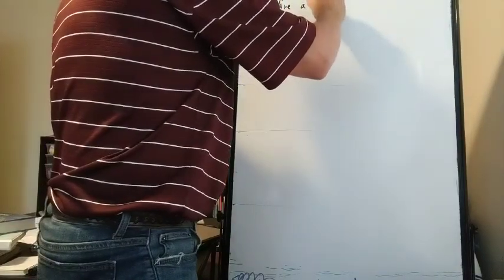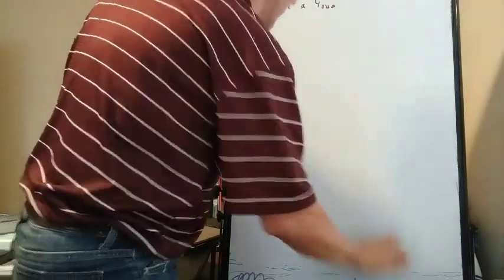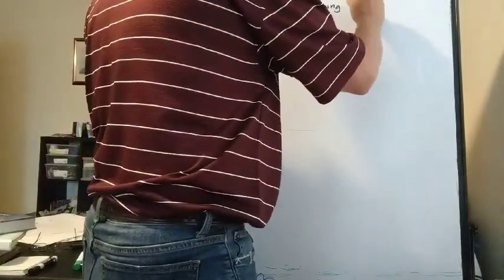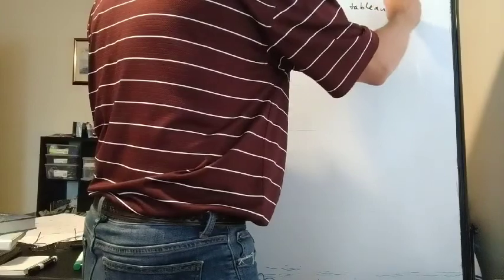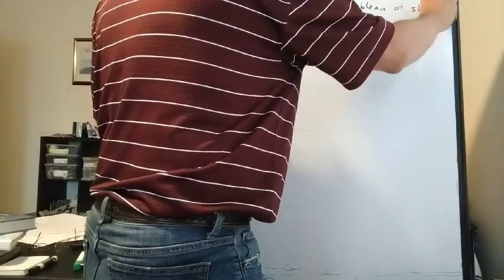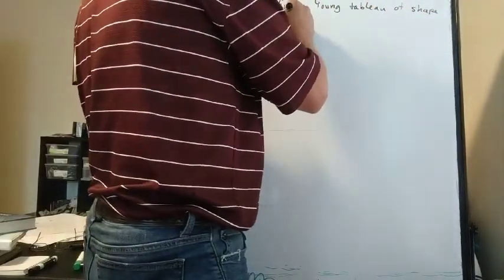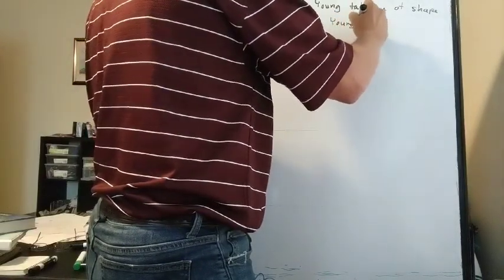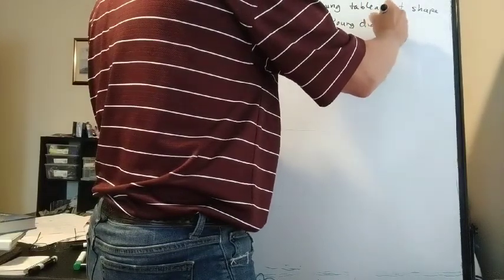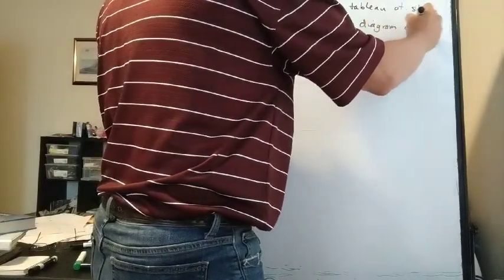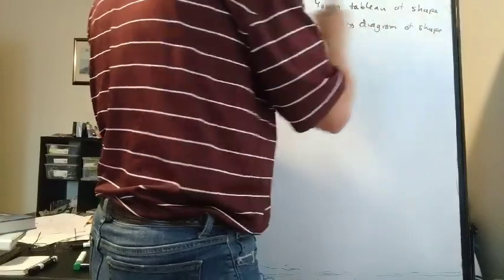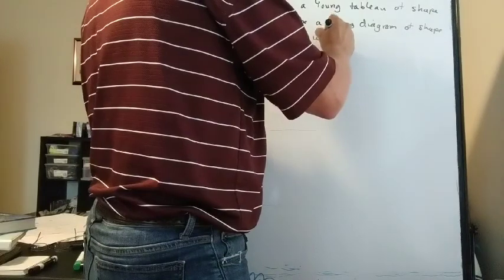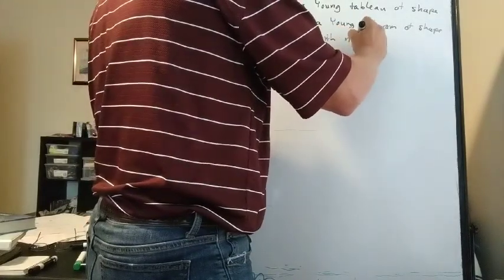So we'll define a Young tableau of shape lambda to be a Young diagram of shape lambda filled with non-negative integers.